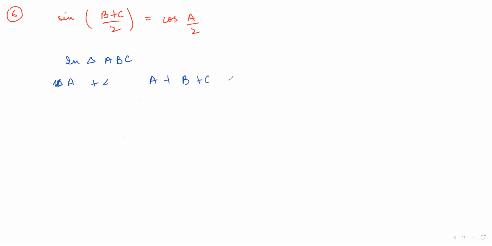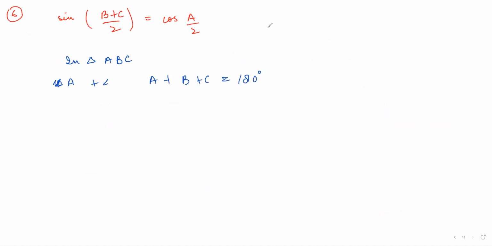Sixth one. If A, B, C are interior angles of a triangle ABC, then show that sine of (B plus C) by 2 is equal to cos of A by 2. Okay, see, this is again easy. Now we know that in any triangle ABC, the sum of angles is 180 degree. So simply write A plus B plus C is equal to 180 degrees.